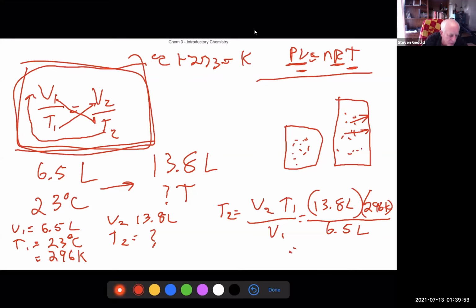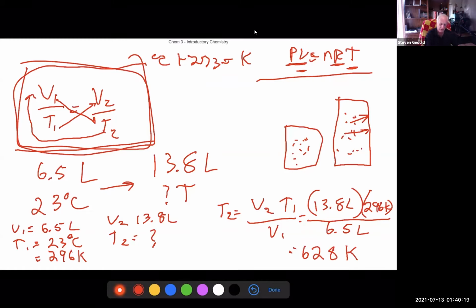Let's find our calculator. You take 13.8 times 296, divided by 6.5, and it comes out to 628.4 Kelvin.